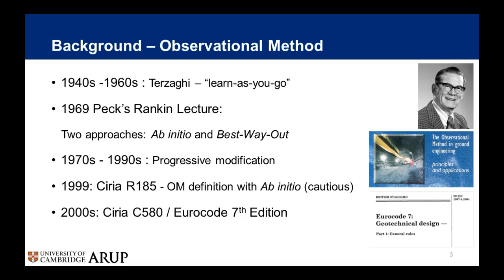In this CIRIA report, the observational method was defined, and other than the ab initio by Peck, this report recommends a cautious ab initio, which means the design with the characteristic parameters under the cautious design conditions. It doesn't mention the best way out approach. And since 2000, this observational method has been accepted by design codes, such as CIRIA C760 and the Eurocode.